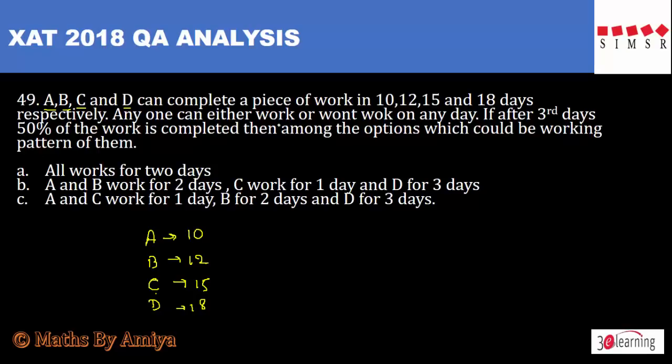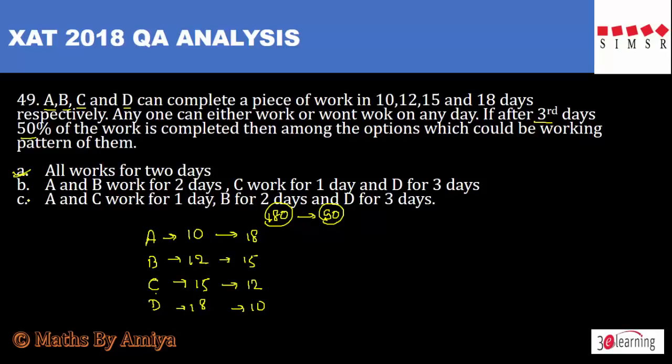Now our question is we have to complete 50% of the work after 3 days. After taking the LCM, we get the total work as 180 with the efficiencies of 18, 15, 12 and 10. We have to complete 50% of the work after 3 days, which means with the help of all these, with absence or with work, we have to do 90 work.